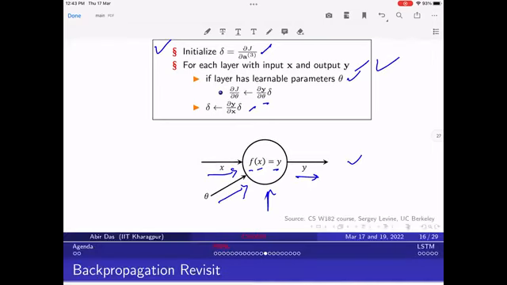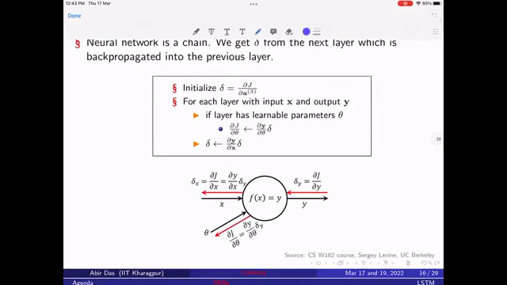Now, what this backpropagation rule simply tells graphically is that you get this del J del y, that is the delta with respect to y, the output of this layer. You first get the derivative of loss with respect to theta by multiplying with this quantity, and you also get the delta x, so delta with respect to x.